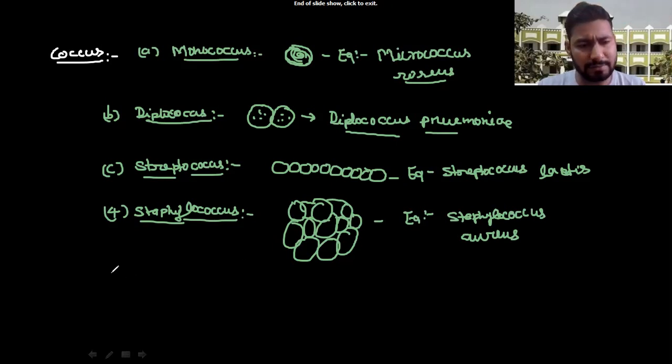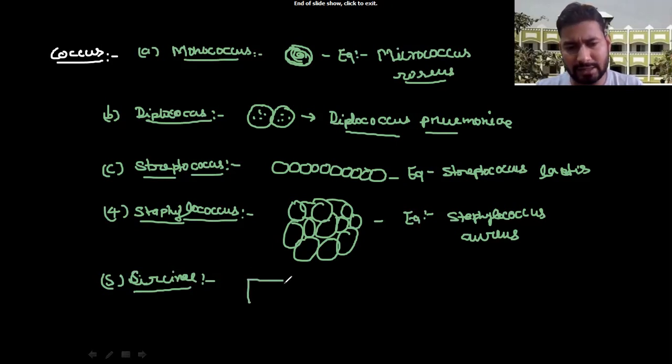And the fifth and last one is Sarcina. Sarcina is the bacteria which is present in cube form. Cube means I'm drawing it like this. This is the cube-like structure, where the bacteria are present in the form of a cube.